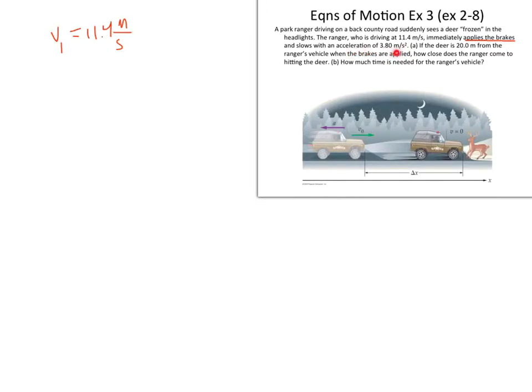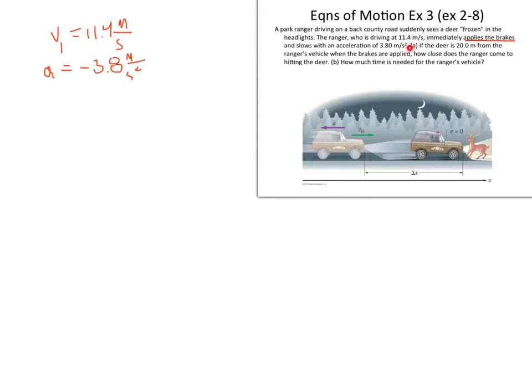So this acceleration is really going to be negative 3.8 meters per second squared because it's slowing the car down. So it's another thing we need to interpret, that even though the magnitude or the amount of acceleration is 3.8 meters per second squared, it's directed in the opposite direction. So hence the negative sign.